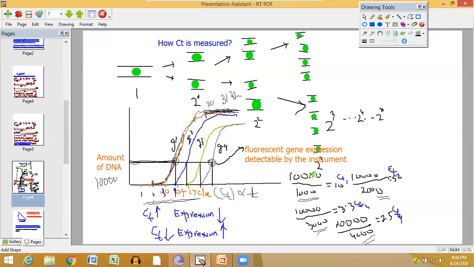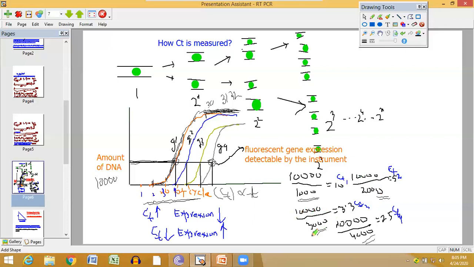Now, how can they reach the 10,000 target point? The gene which is expressed at 1000 nanogram initially has to take 10,000 by 1000, that is 10 cycles. The gene expressed at 2000 nanogram will take 10,000 by 2000, that is 5 cycles.